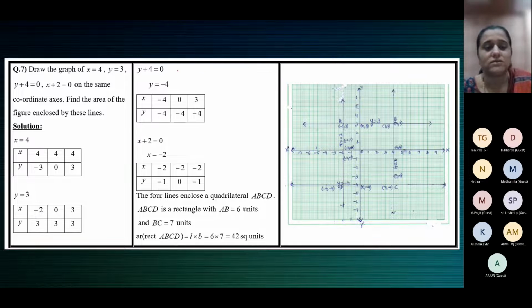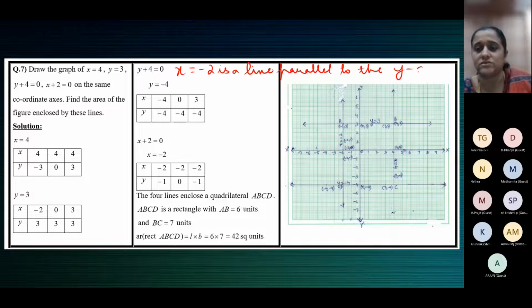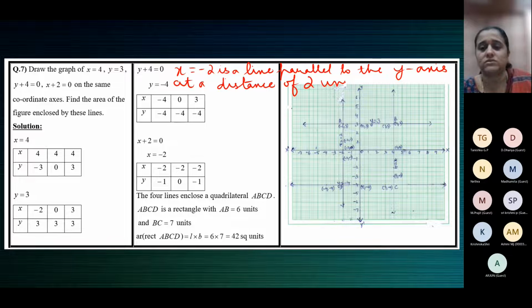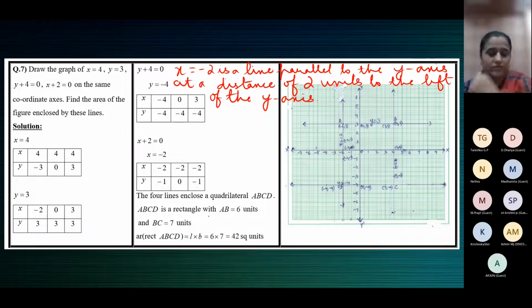X is equal to -2 is a line parallel to the y-axis at a distance of 2 units to the left of the y-axis. To the left of the y-axis.